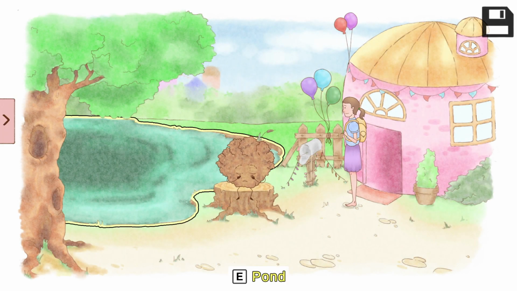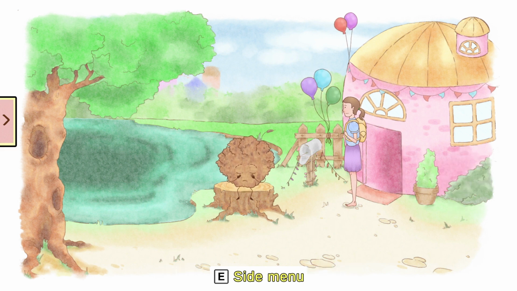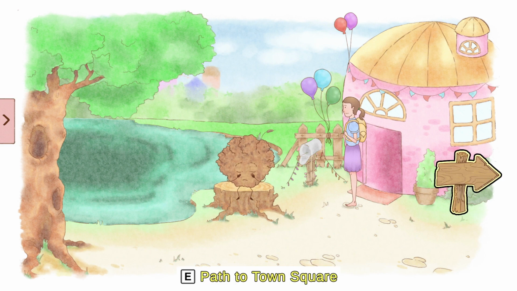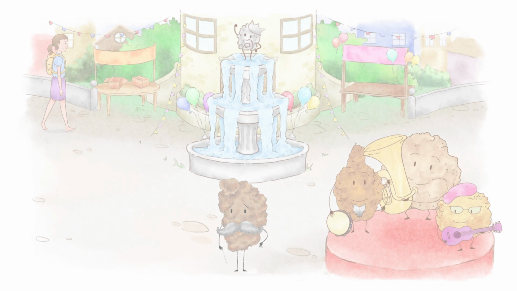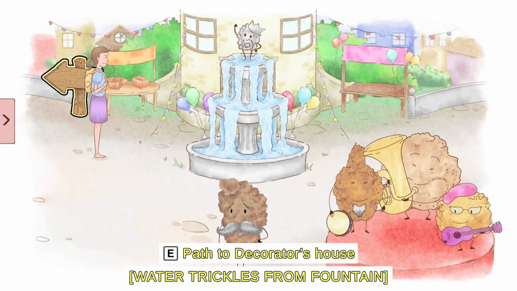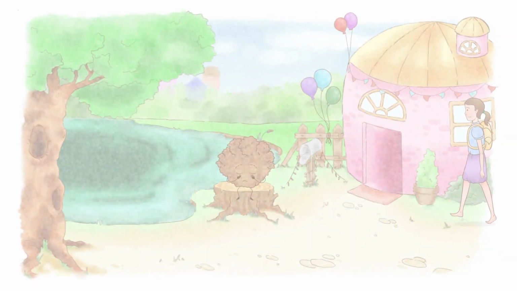Auto saving. Pond. The missing singer. Path to town square. Path to decorator's house. No, I didn't mean to do that.